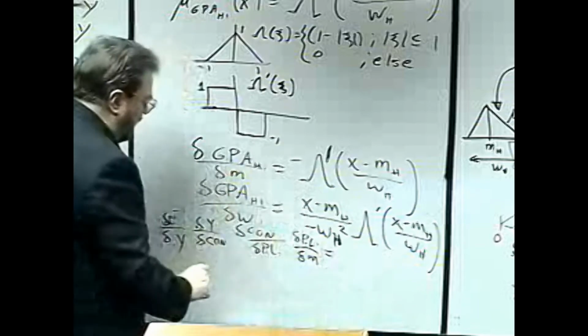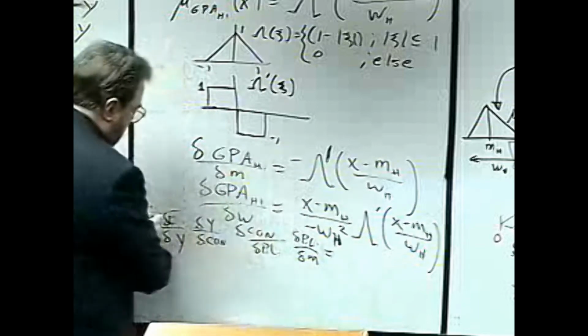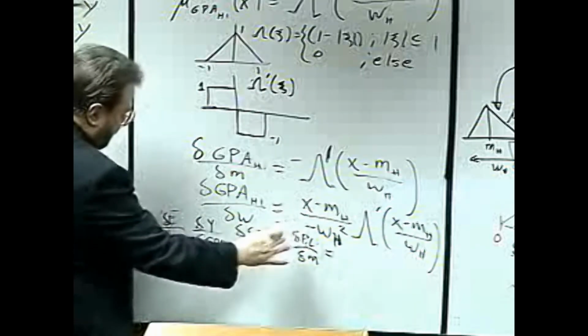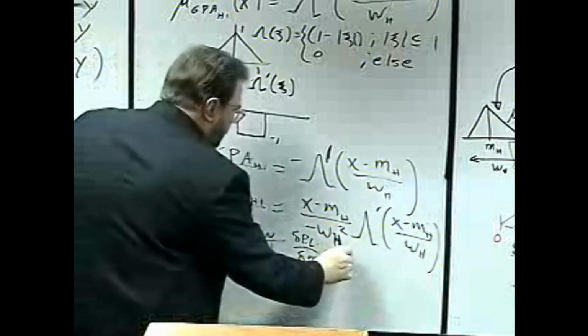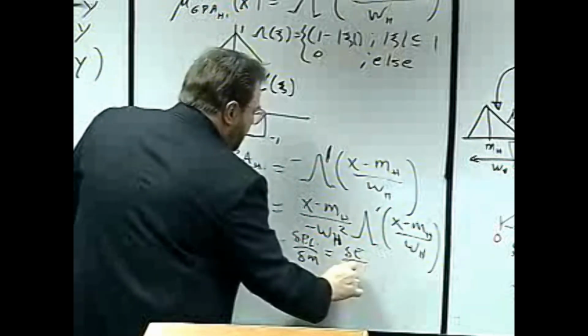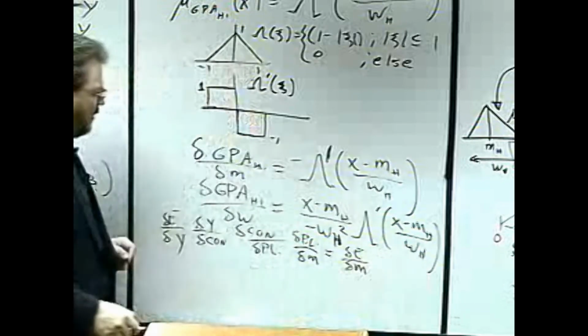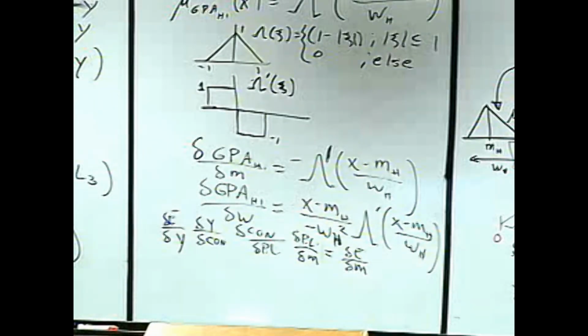And we found out that this all, if we use the chain rule here, is equal to the partial of the error with respect to the median, which is what we want for steepest descent. Now we need to fill this in.